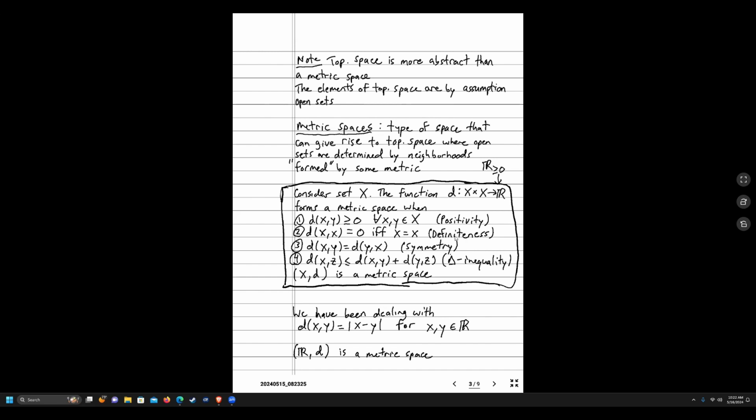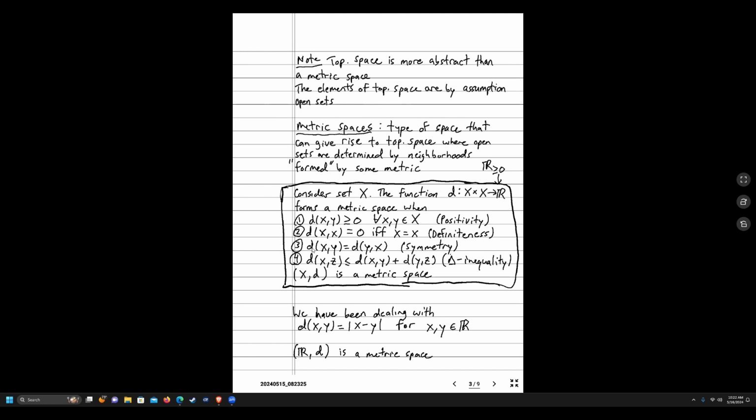We'd like the distance between 2 distinct points to be positive, and the distance between 2 points to be 0 if they're the same point. That's basically what that's saying.